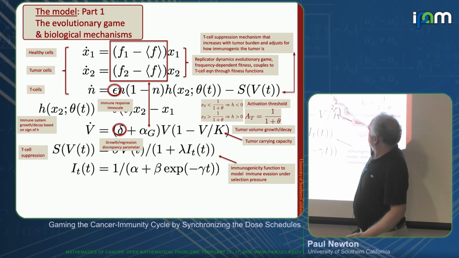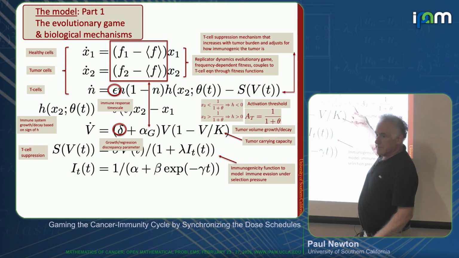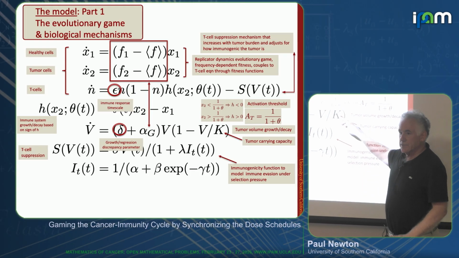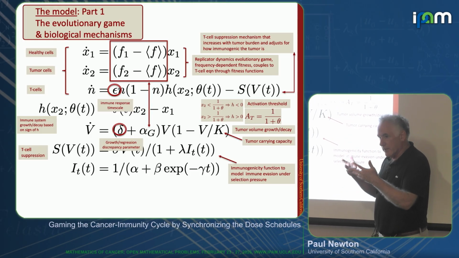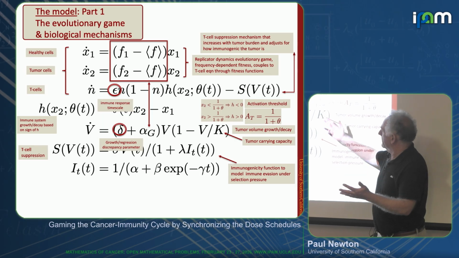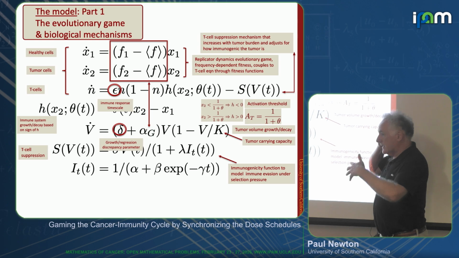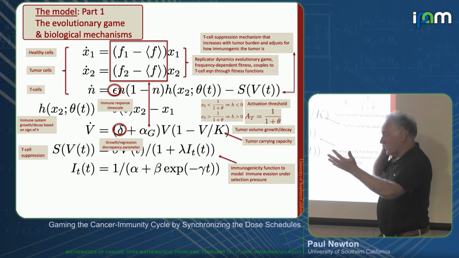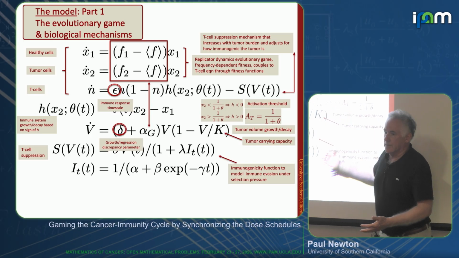You can vary this by varying theta, so you can lower that threshold, and that is our immunotherapy action. It's going to be a function of time, but that's how we're going to impose immunotherapy. So it indirectly puts pressure on the cancer cells by lowering the activation threshold.